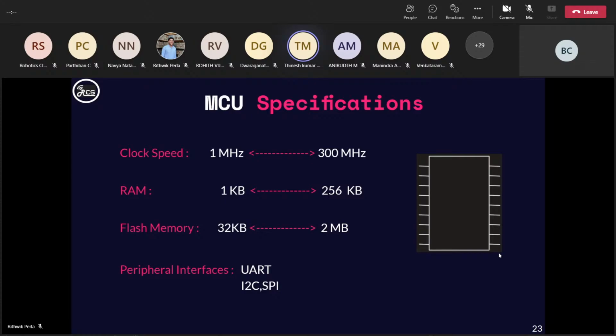And peripheral interfaces. Can anyone repeat the abbreviations? I've said 3 abbreviations: UART, I2C, and SPI. Come on, just remember. I think no one remembers, so let me tell you.